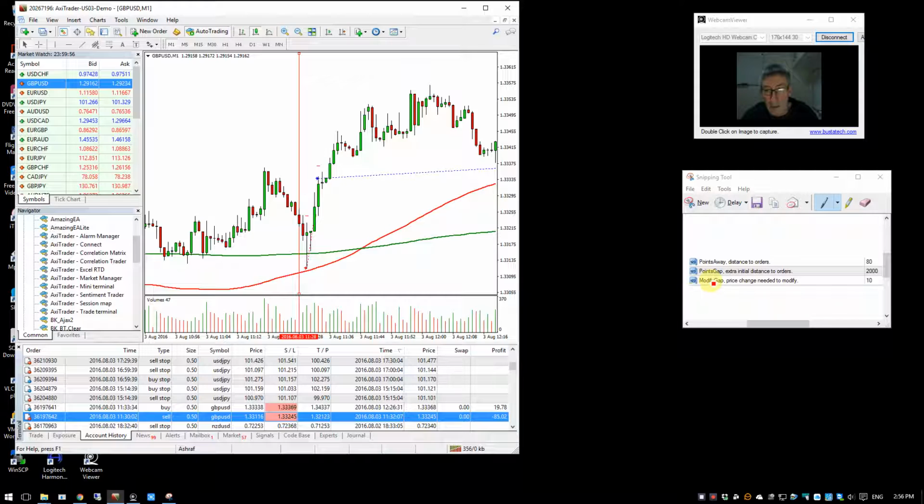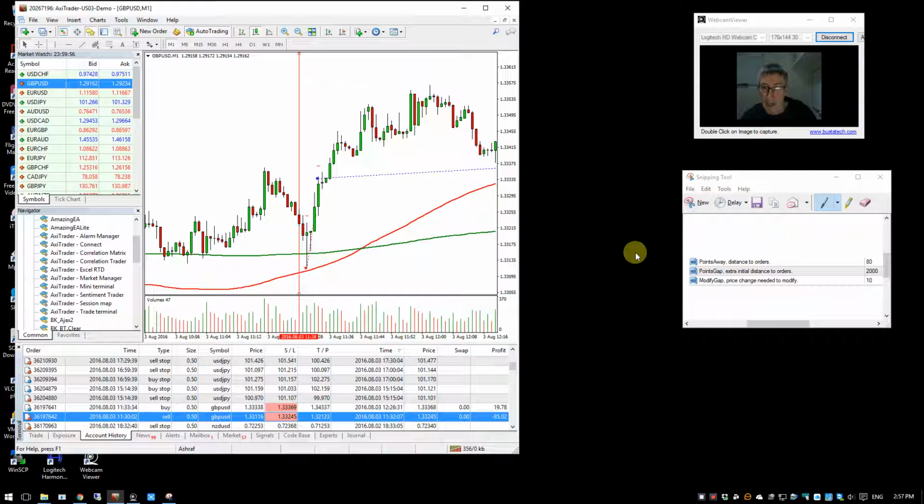And I set up ModifyGap because what I noticed was that the EA was adjusting prices sometimes by 0.00001, in other words, 1 point, 0.1 of a pip. And it was going through the whole modify orders process just so that it could change the price by that small amount. And I thought, well, that's pointless, because let's say price hardly moves and it's changing the price, and then there's suddenly a big jump where it really needs to change the price and it's too busy changing the small increment.